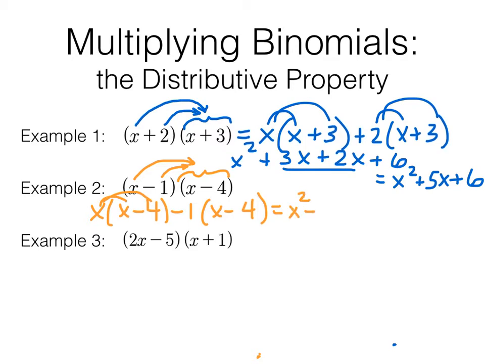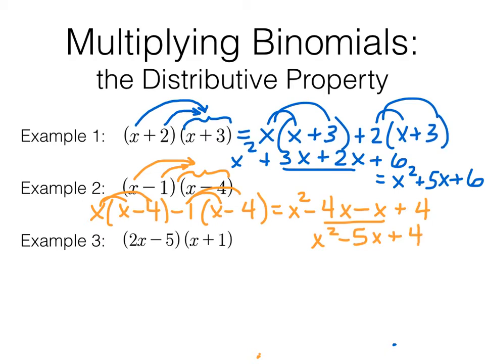X times minus 4, minus 4x. Minus 1 times x is minus x. And minus 1 times minus 4 is plus 4. It's a negative times a negative, we get a positive. Now you see why I've been harping on distributing negatives for so long. Combine your like terms in this one, and we get x squared minus 5x plus 4.